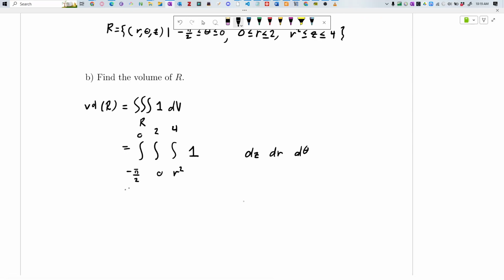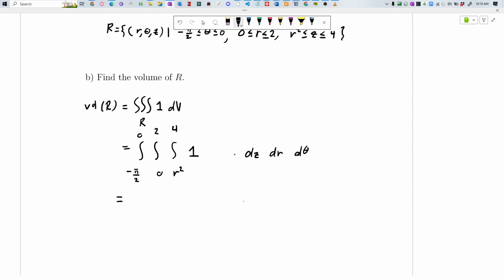Now to compute this thing. Before I treat this as an iterated integral, I want to note that we have a coupling between z and r, but theta is perfectly fine to split out, right? This double integral within the theta integral is actually independent of theta.